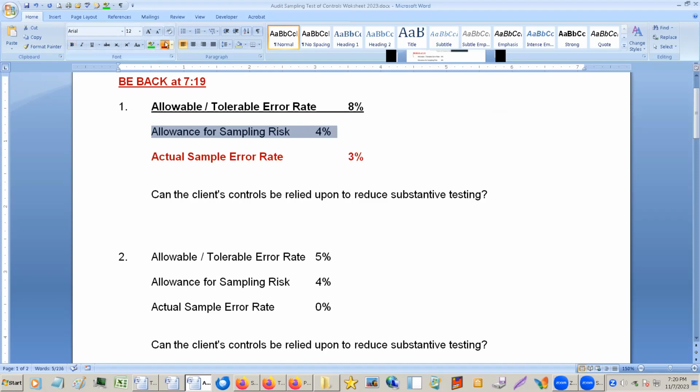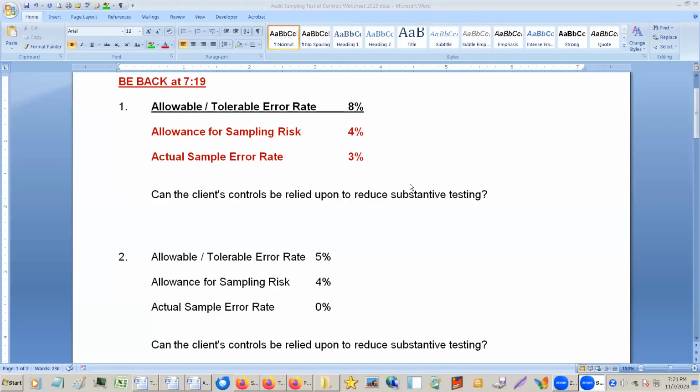And this is the same thing that we do for the substantive test. Remember on the monetary unit sampling, we're going to do that later on. But the monetary unit sampling where we say, okay, this is what we think it is, but it could be worse. Our best estimate is this is what it is, but it's a sample, so at 5%, it could be this much worse. We do the same thing. It's exactly the same thing, except now we don't do it in dollars.